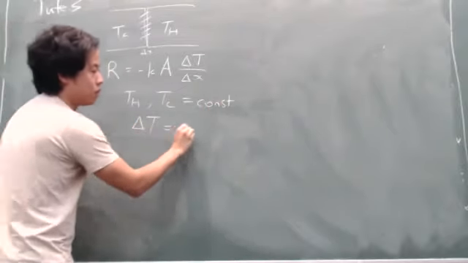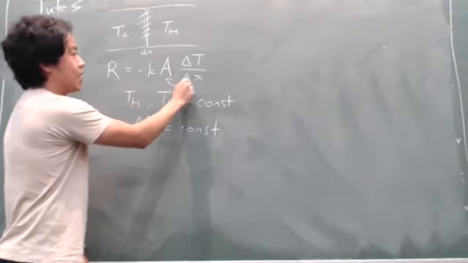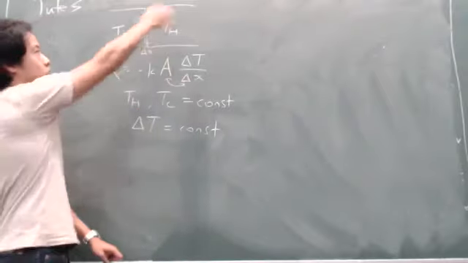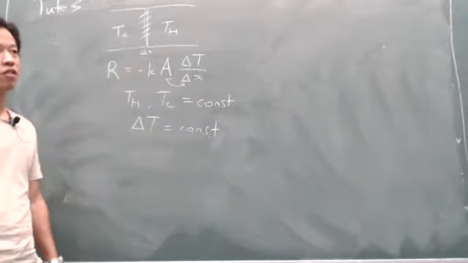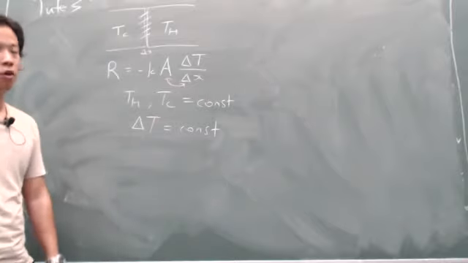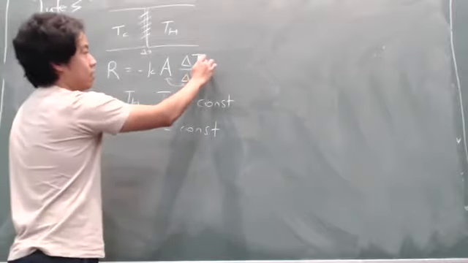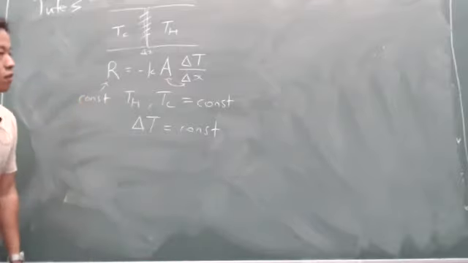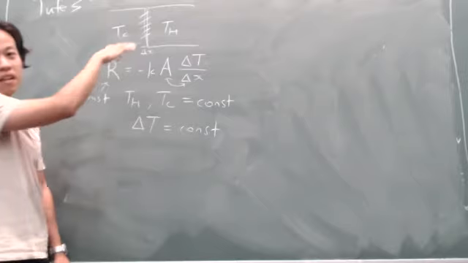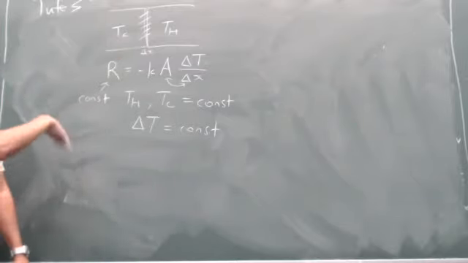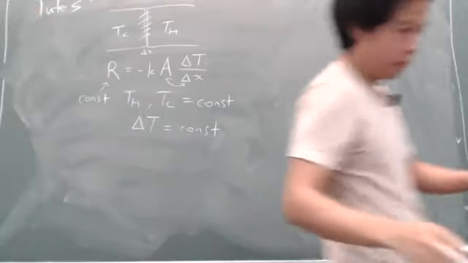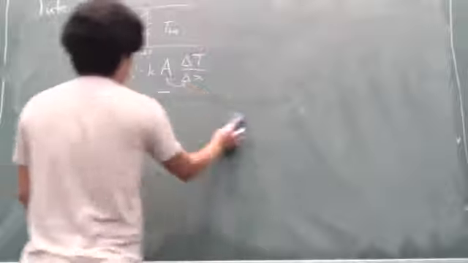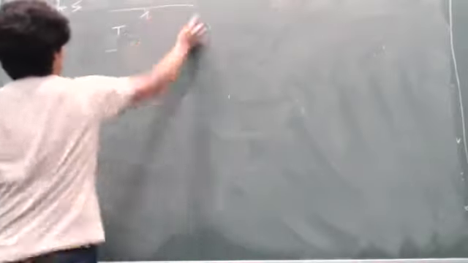And everything else, like A and delta X, doesn't change, because your heat bath has been set up and just left there, so it's not going to geometrically morph. Then if delta T is constant, R is forced to also be constant. So it's because of the infinite nature of the reservoir, the temperatures not changing, that forces the heat exchange to stay the same. All right, so that explains why R is constant.